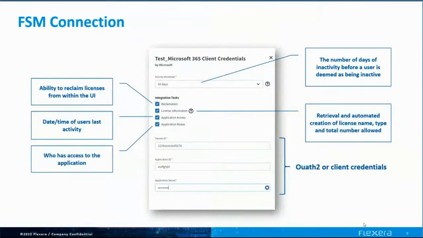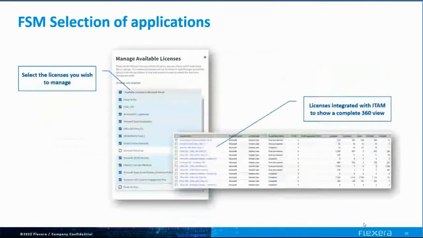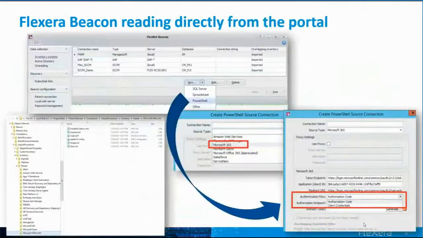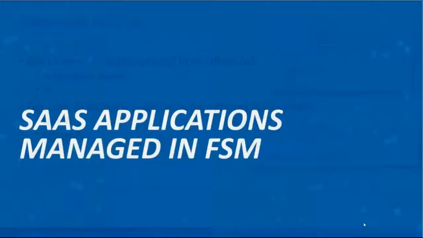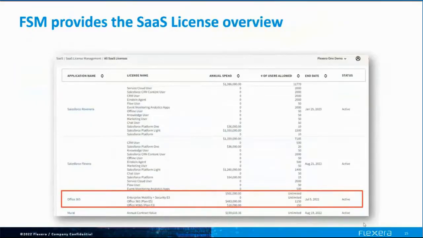So I showed you we can define what type of information we collect, and then SaaS Manager will have this All SaaS Licenses screen, which is one of the 7 screens I was showing on the SaaS node.